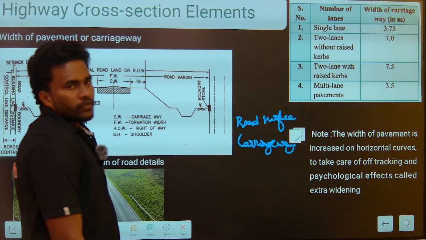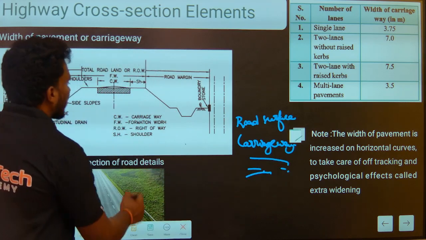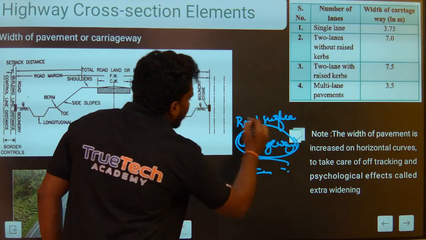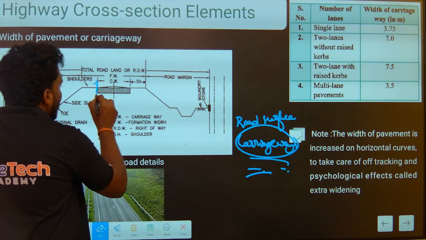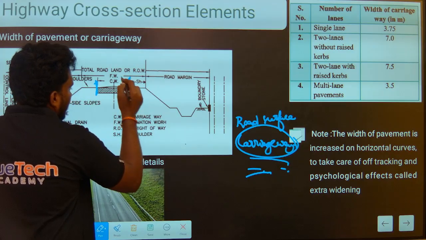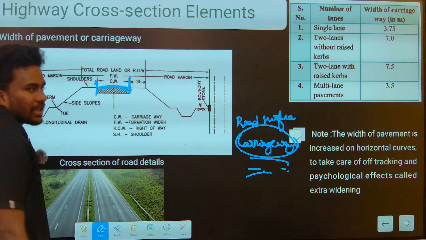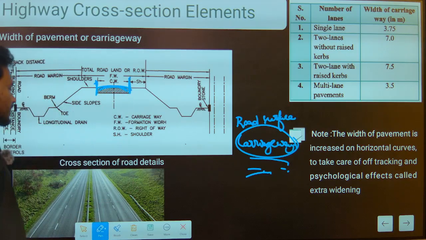Okay, we are saying road surface, but the technical term is the carriageway. This is the surface where the vehicle travels. That is the carriageway width.